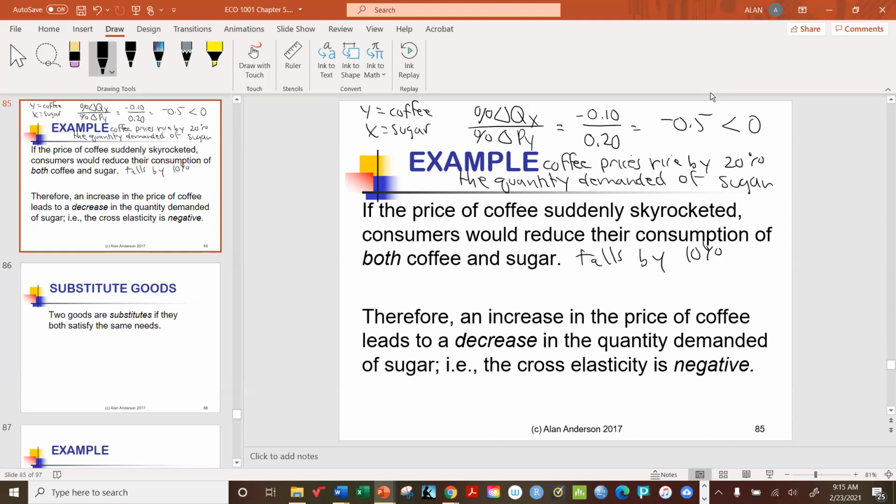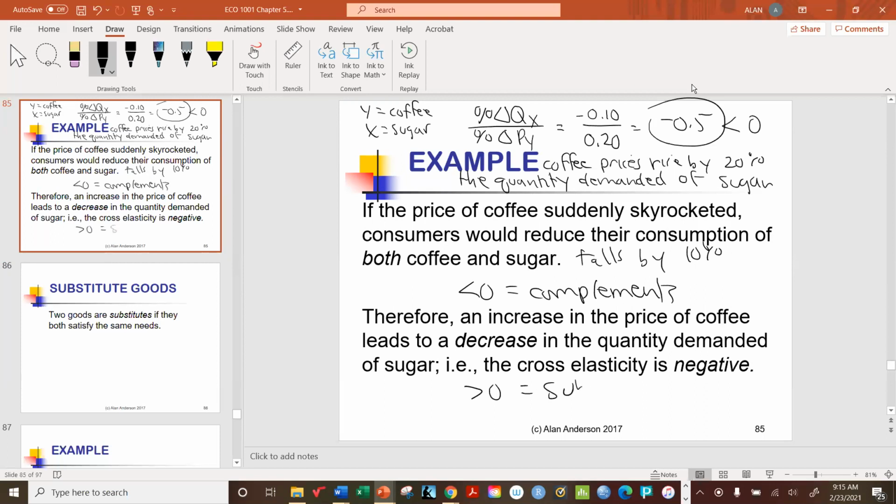Not because of the sugar itself. The sugar price hasn't changed, but because people are buying less coffee, they'll buy less sugar. And so this ends up being negative, and that tells us that these are complements. Negative is complements, positive is substitutes.